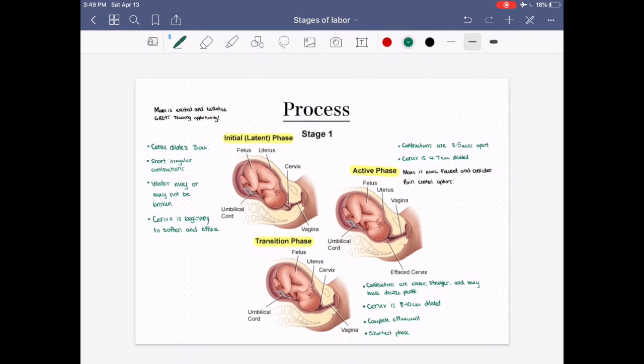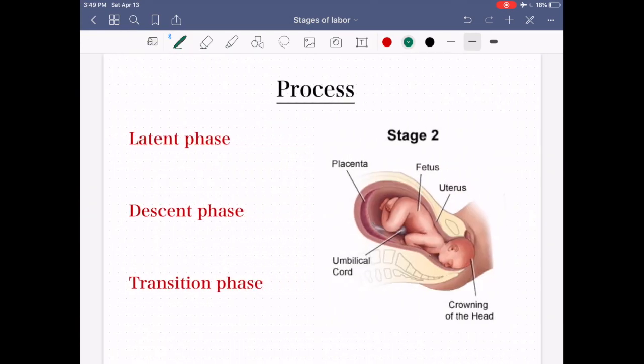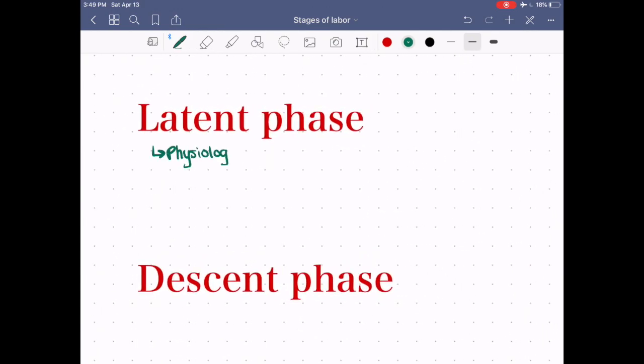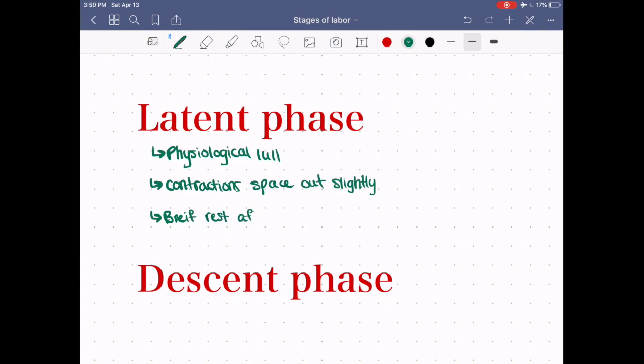Next, we go on to stage 2 of labor. This is going to end with the birth of the baby. So in stage 2, we have the latent phase, which is also the physiological lull. The contractions space out slightly from 5 to 30 minutes apart. There's a brief rest after the transition phase, and we prepare for descent. Now, descent is the next one.